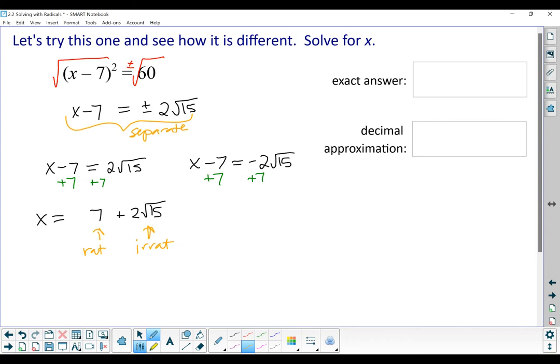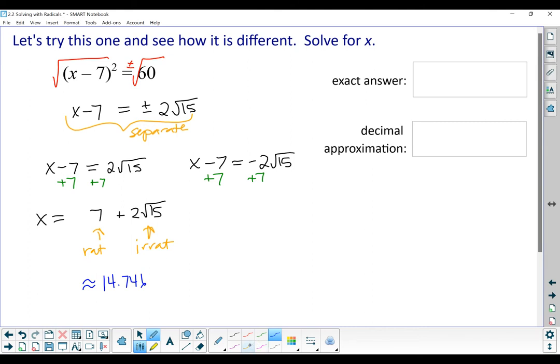Now, we could figure out their decimal equivalent. We could type this into our calculator and get a decimal. That decimal is about 14.746. So it's definitely just a number, but it's the number 7 plus 2 root 15.